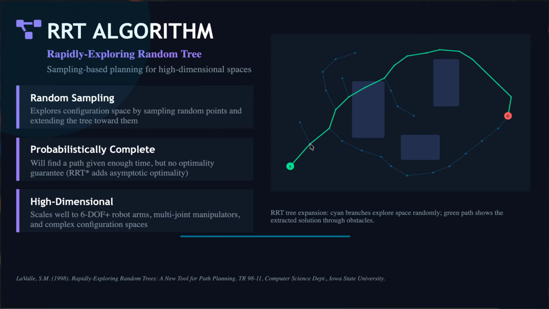If that's true, it then tries to go to that point and performs the same thing again. If not, it just keeps following until it finds the closest path. In terms of probability, you will find a path given enough time, but there's no optimality, meaning you're not going to be able to find the shortest path, but you will definitely find a path that makes sure that you reach the goal.